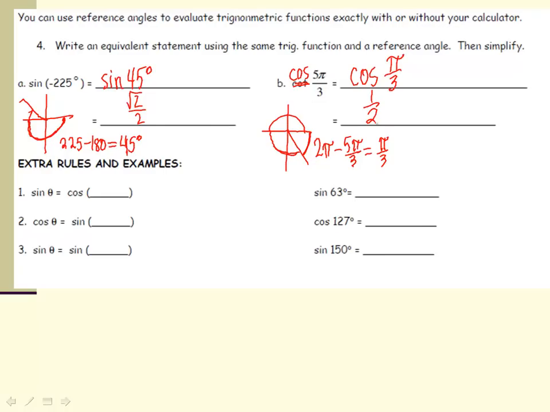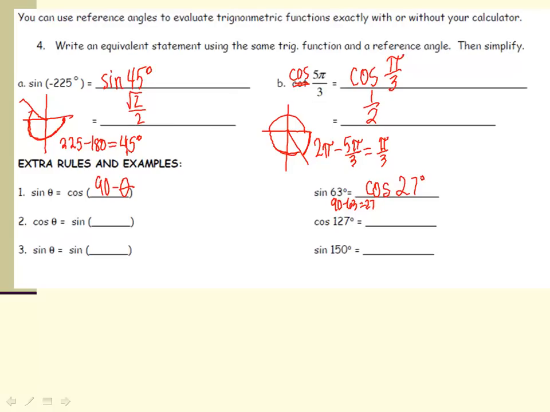Here are just a couple extra rules. If we want to find the sine of an angle, that's the same as the cosine of 90 degrees minus that angle. So if I did the sine of 63, 90 minus 63 is 27, so this is the same as the cosine of 27 degrees.